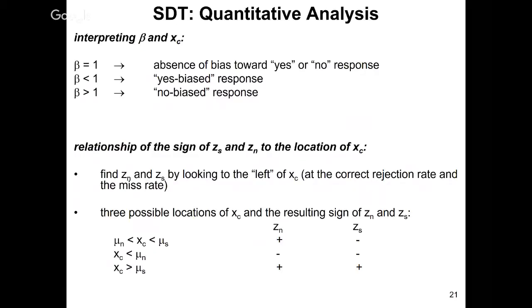But all that basically tells us is that it's less than the mean for S, but it's more than the mean for N. When they're both negative, it means it's less than both of them, so it's going to be on the left side. And when they're both positive, then it's going to be on the right of both means. So it'd be over here. Does that make sense? Yes.